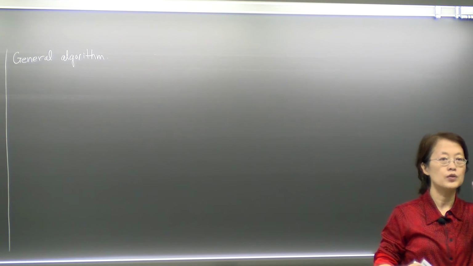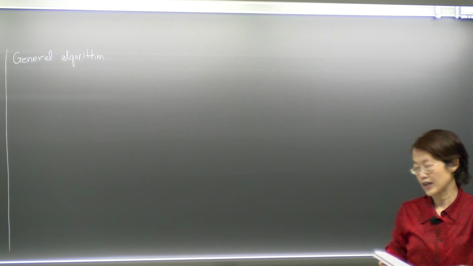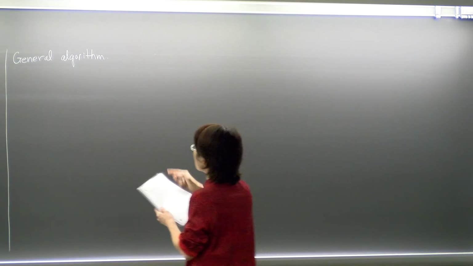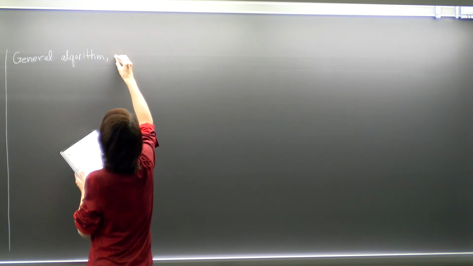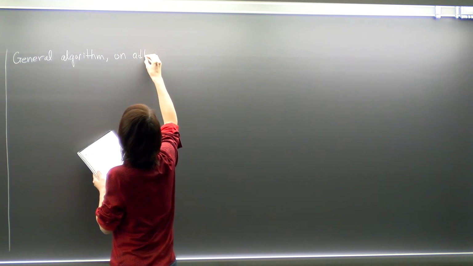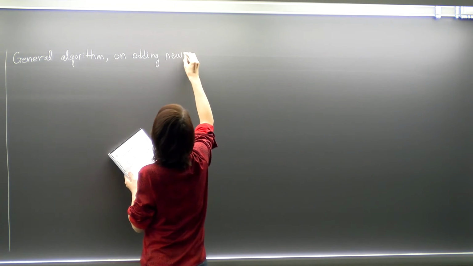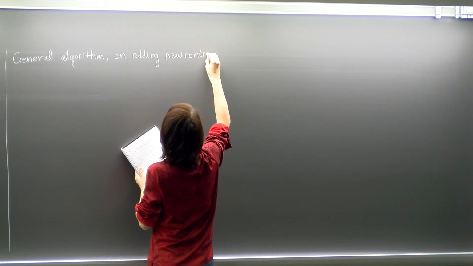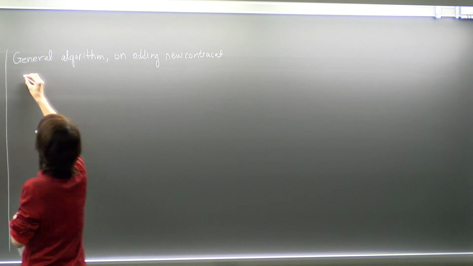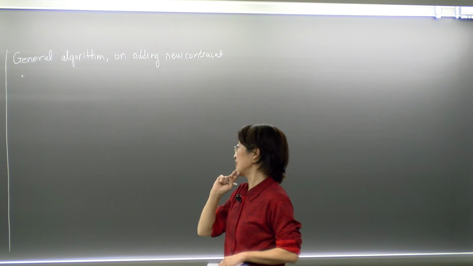If it's not integral, we perform this cutting, add a new constraint, and then we solve it again. So what I will be putting up as part of the algorithm will be exactly how do you add a new constraint, meaning how do you cut. Exactly that part we're going to summarize and write it out.